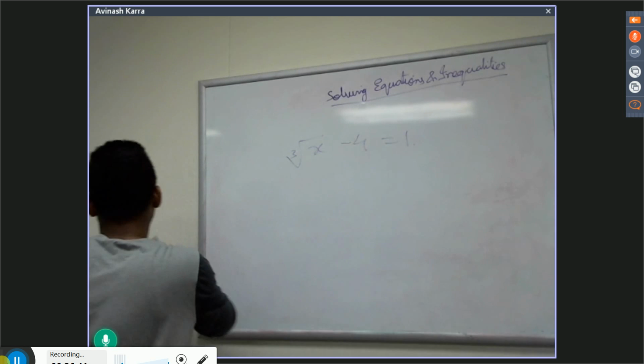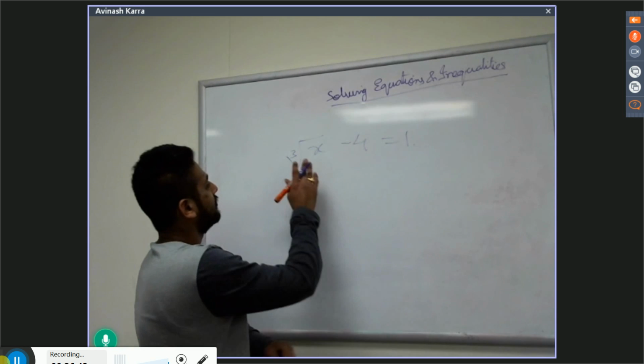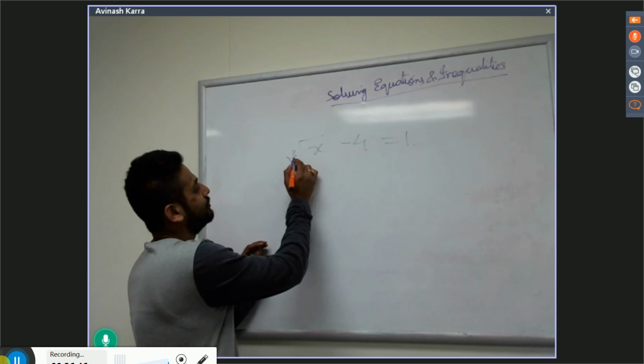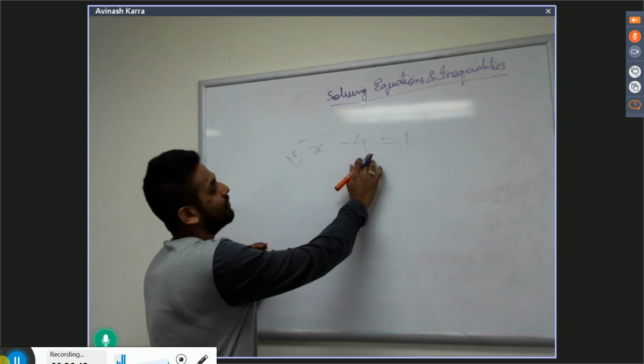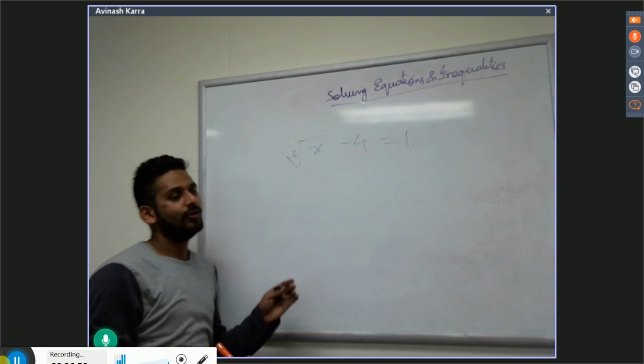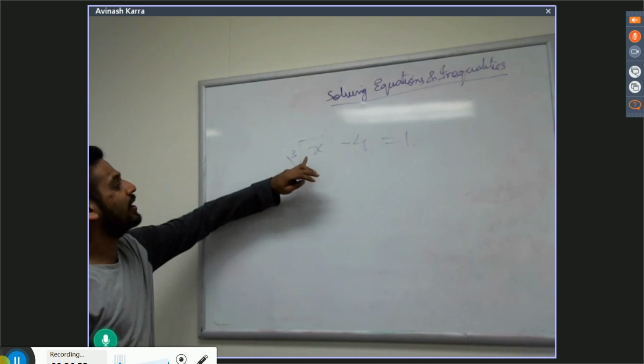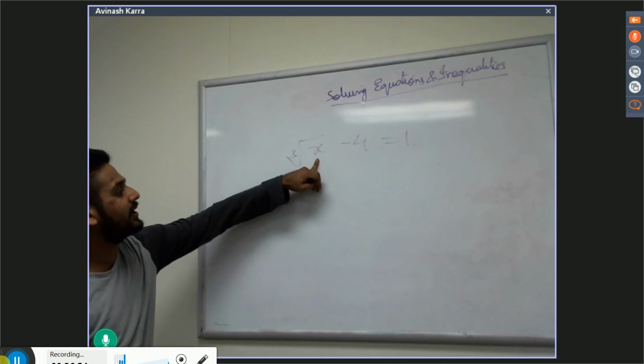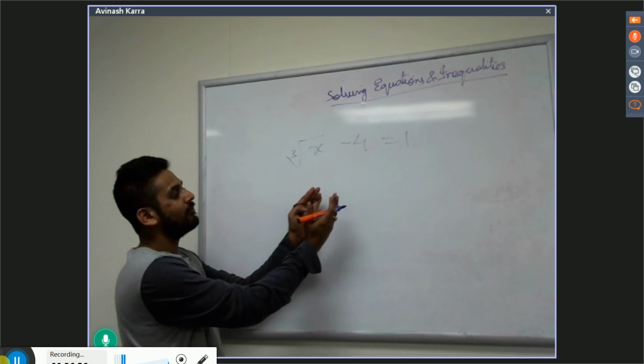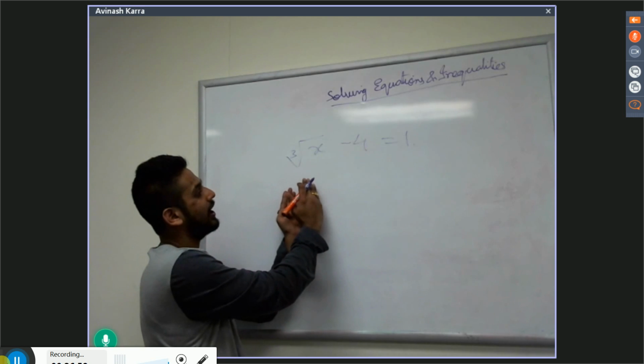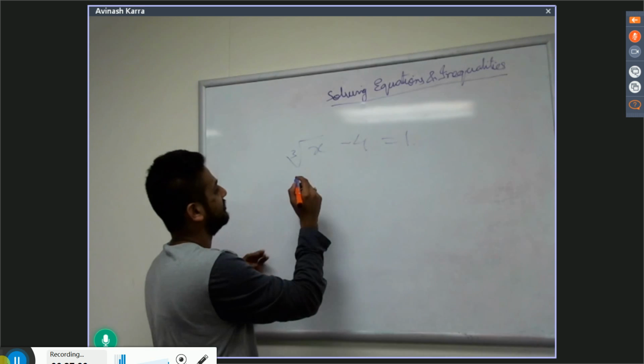So the equation is cube root of x minus 4 equal to 1. What I told you: when you make x the subject, you need to have all the variables on one side and all the constants on the other side.